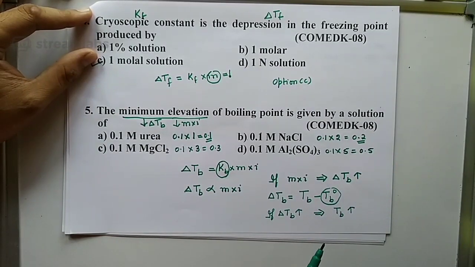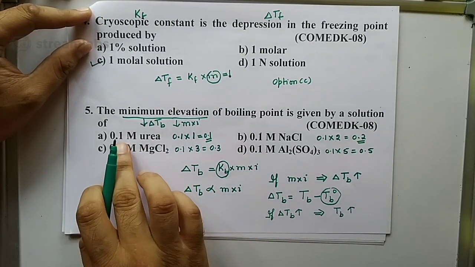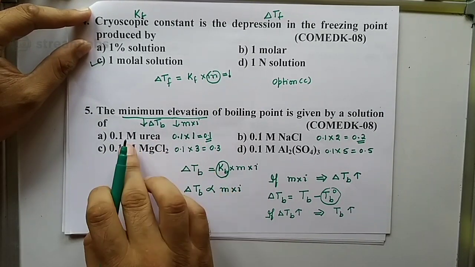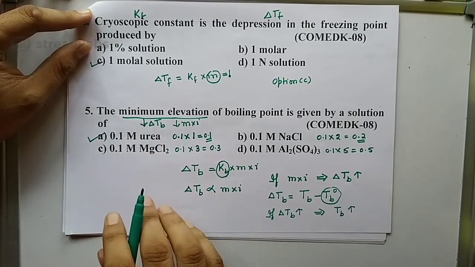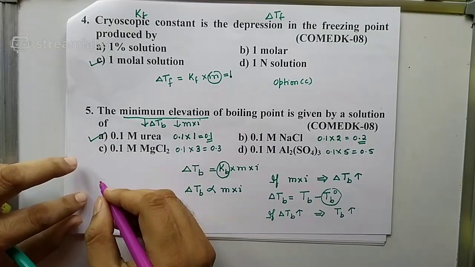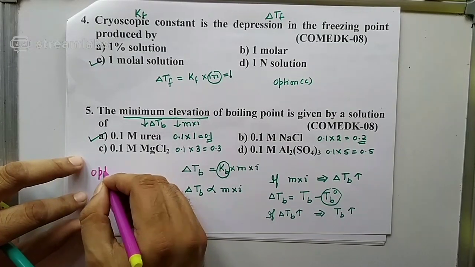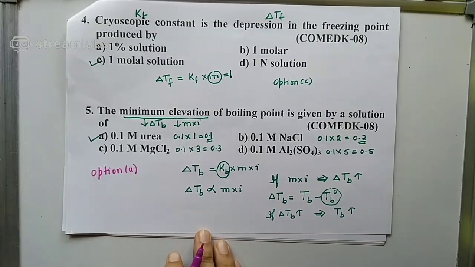Now we have to search for the minimum M into I product. The minimum M into I product comes in the case of 0.1 molar urea, that is 0.1. So the answer to the given question is 0.1 molar. Option A is the answer.